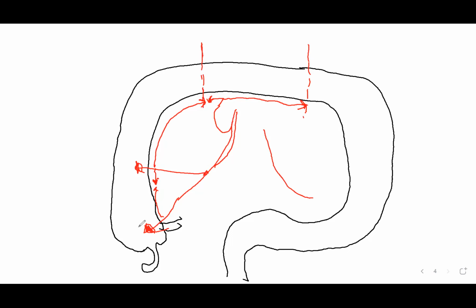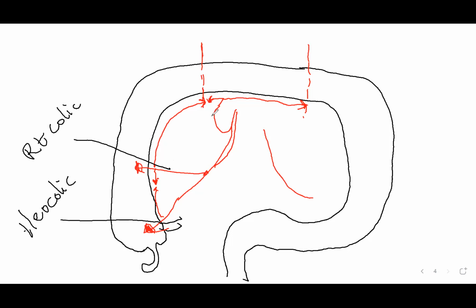How many branches have we mentioned? We've mentioned the ileocolic. We've mentioned the right colic. And we mentioned the middle colic. So these are three branches from the superior mesenteric artery that is supplying the right side of the colon.